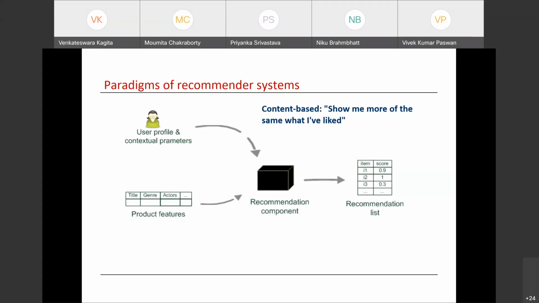So each product or item is described with some set of characteristics or features. Based on these features, you will identify the similarity between your history of consumption and the candidate items for the recommendation. Alright, so for this, product features are also required.